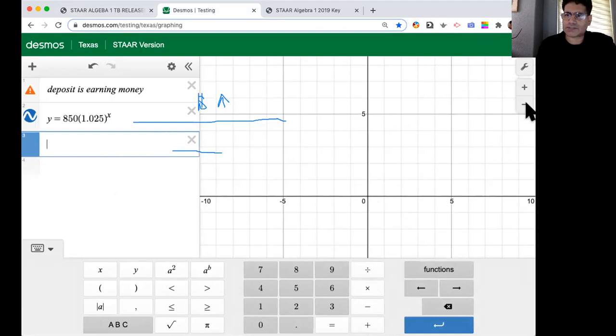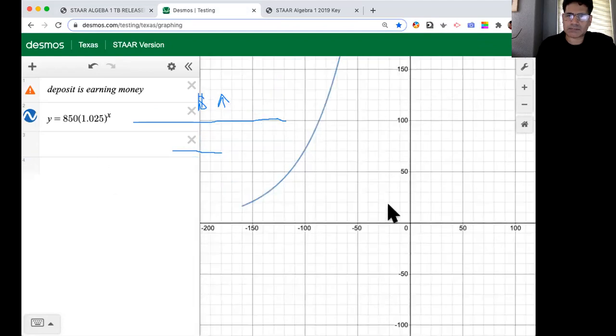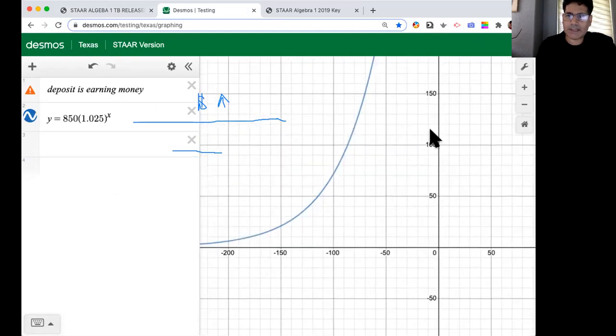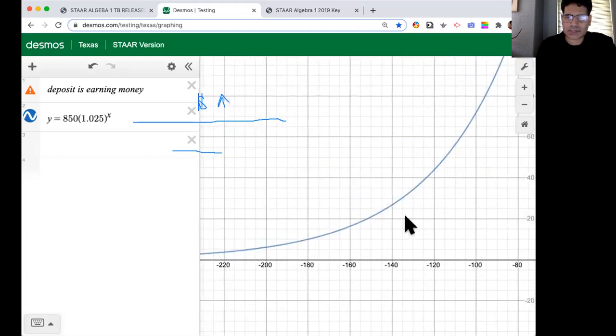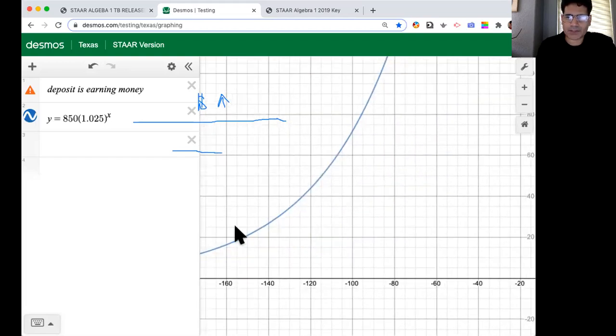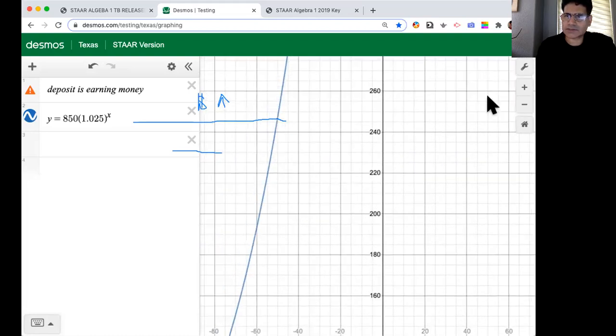Not sure if it gives us anything. Let's see. No, it's some kind of curve. All right. Now, there's nothing in the question about graphs or about, well, let's see, it's values. So I guess where does that lead us?